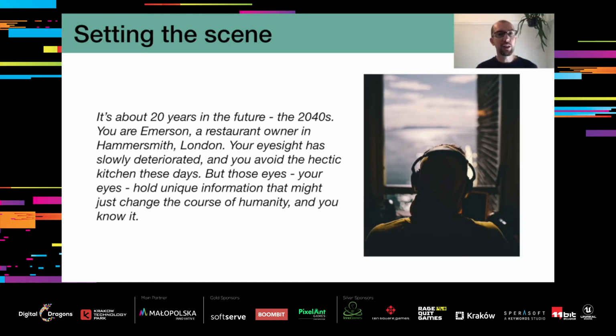So let me set the scene for you. It's about 20 years in the future, the 2040s, and you are Emerson, a restaurant owner in Hammersmith, London. Your eyesight has slowly deteriorated and you avoid the hectic kitchen these days. But those eyes, your eyes, hold unique information that might just change the course of humanity, and you know it.